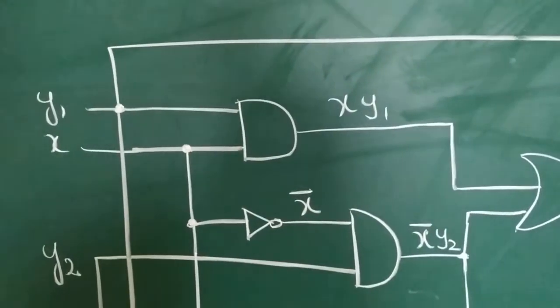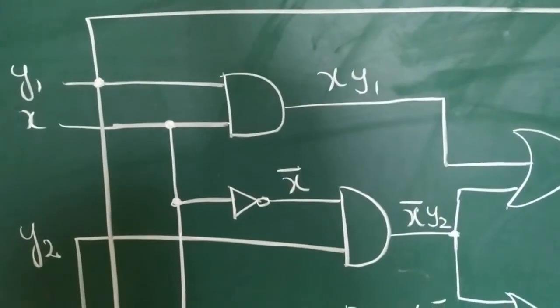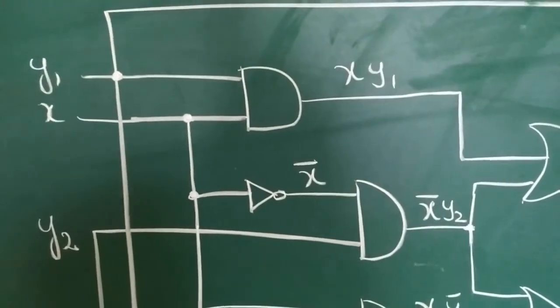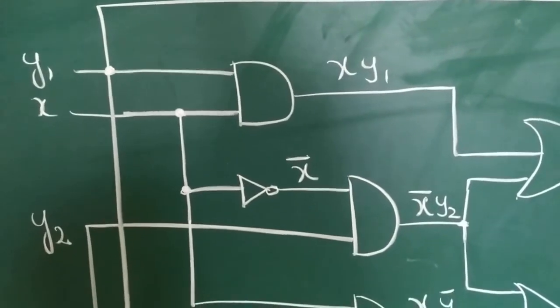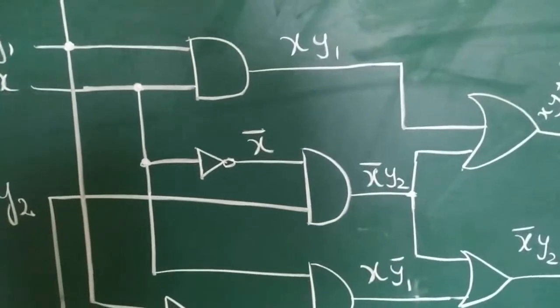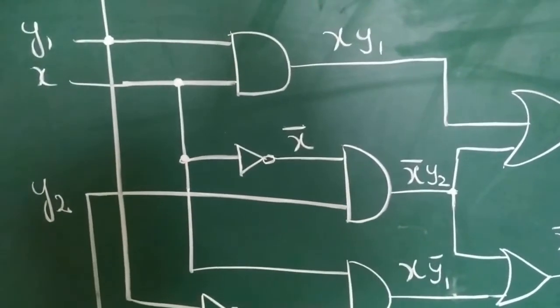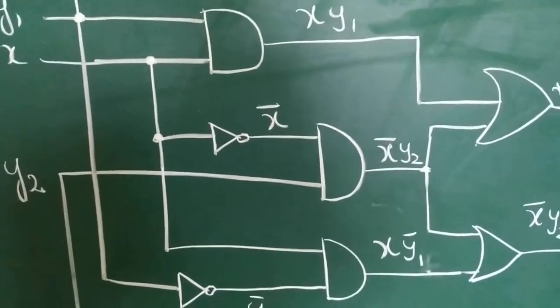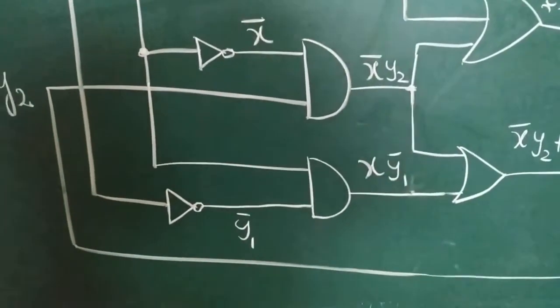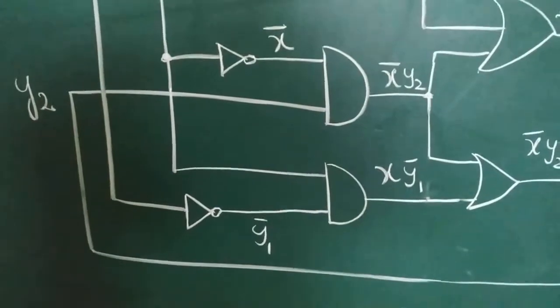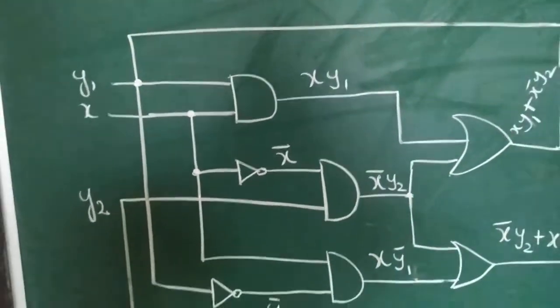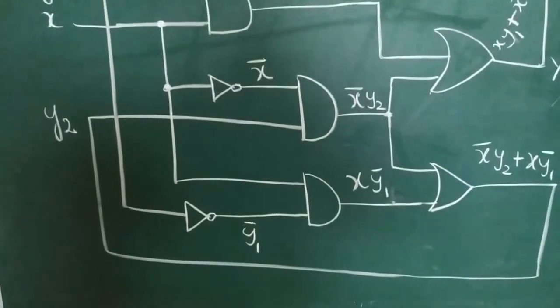Therefore, the output is xy1. For the first inverter, it comes from x, so the output is x bar. Similarly, for the second AND gate, it is x bar and y2. And for the second inverter, it comes from y1, so it is y1 bar.